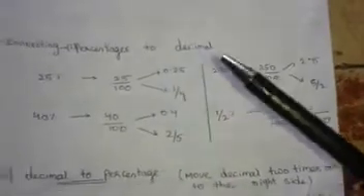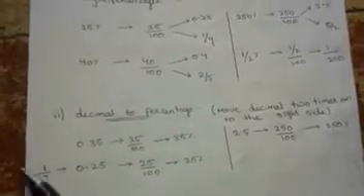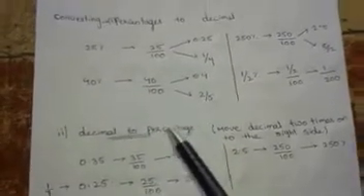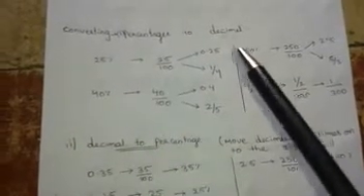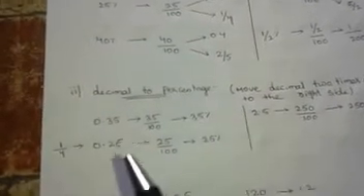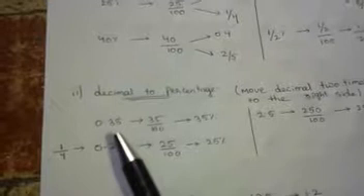Okay, so now let's jump into another topic, which is conversion of decimal value into percentage. Previously we looked at how to convert percentages into decimals. Now we are going to look at how to convert decimals into percentages. Now 0.35 is the decimal value.